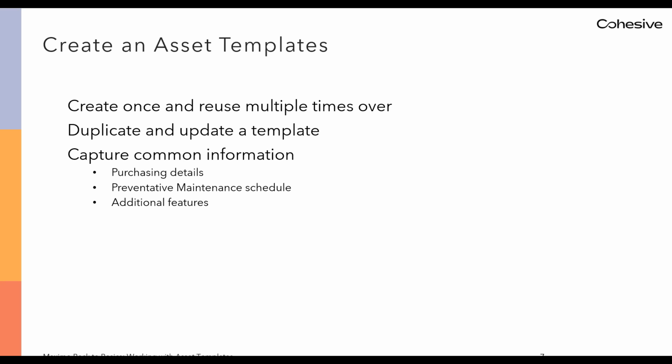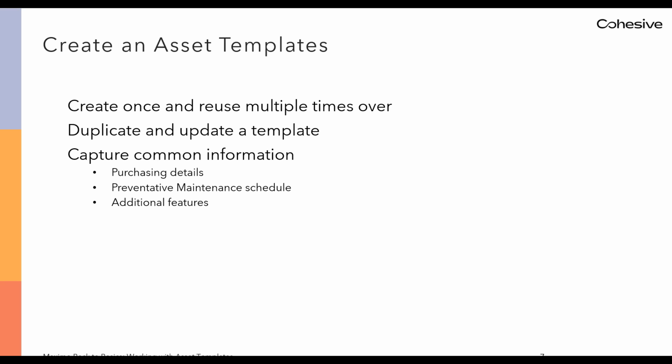As I had mentioned, you get to create this template once and use that many times. In the event you have a template that you need to adjust, the functionality to duplicate that template and then update it and apply it is available as well. So let's think of, maybe we have a template for a pump and we want to get a little bit more granular and differentiate between our different types of pumps.